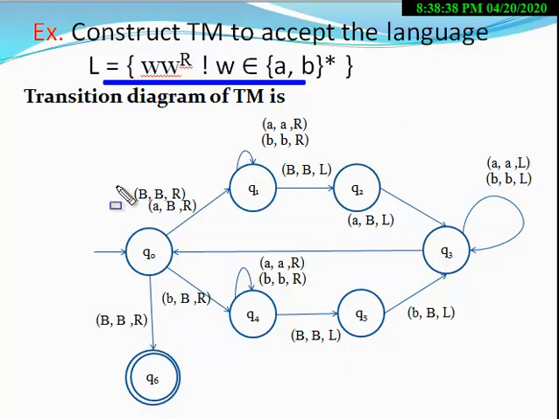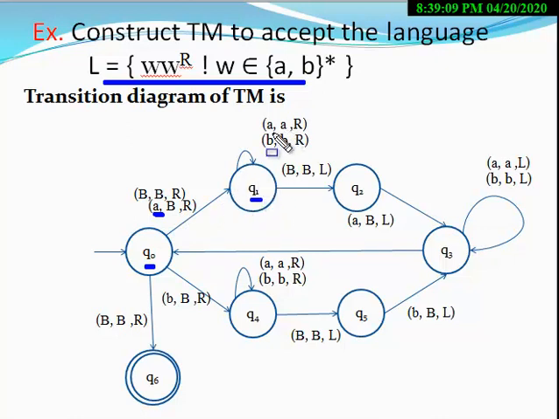If the machine starts from the initial state, when the tape symbol or input symbol small a is encountered, in this situation the machine goes to the Q1 state, and small a is removed by capital B and the head moves in the right direction. At the state Q1 the machine only moves in the right direction.